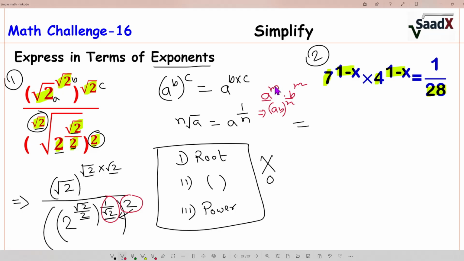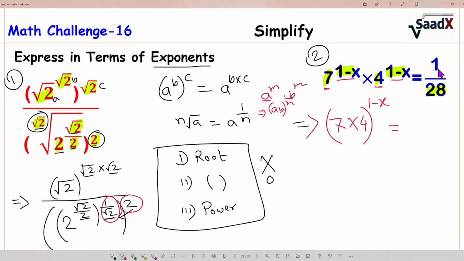So once the powers are similar, we can multiply the bases, right? Similarly, here is 7, here is 4, but whole to the power 1 minus x. So we can write 7 times 4 to the power 1 minus x.